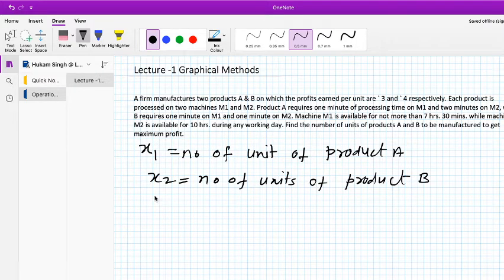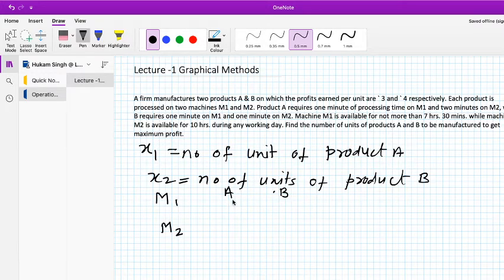Here we are given two machines, machine M1 and machine M2, and two products, product A and product B. How much time does product A take on machine M1?